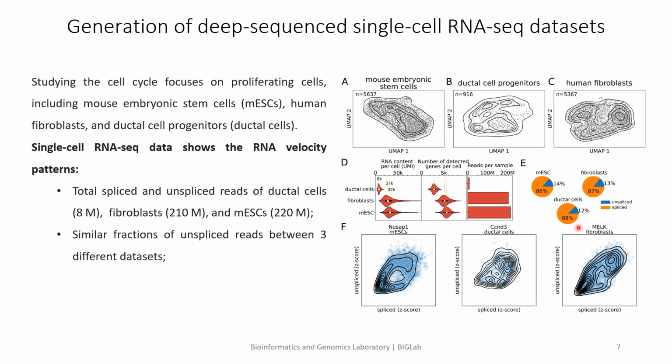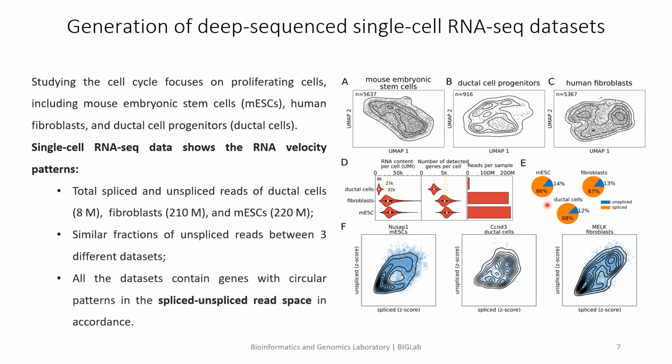We can look at figure E. These three populations of cells have similar fractions of unspliced reads, and the datasets contain genes with a circular pattern in the spliced and unspliced read space.